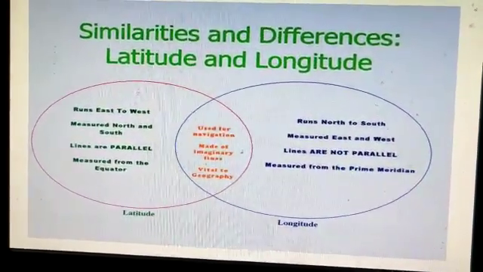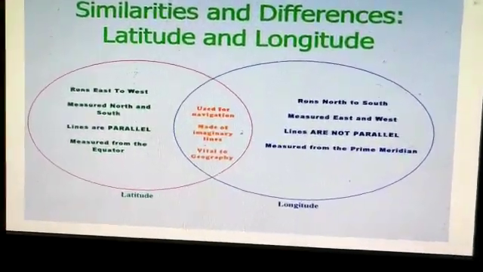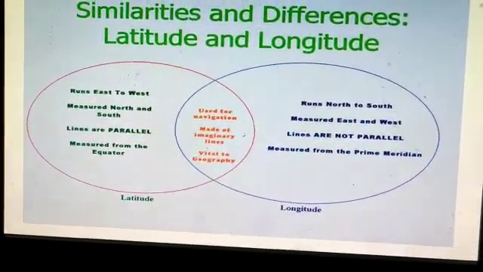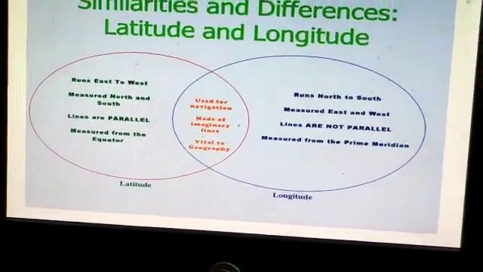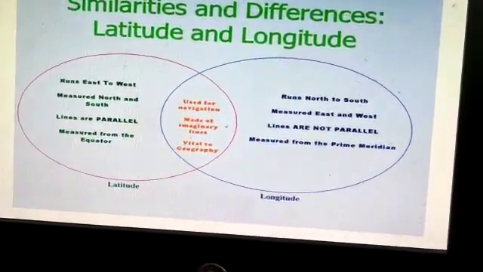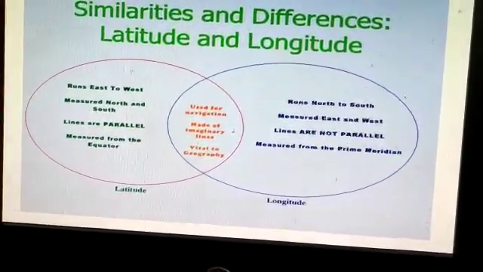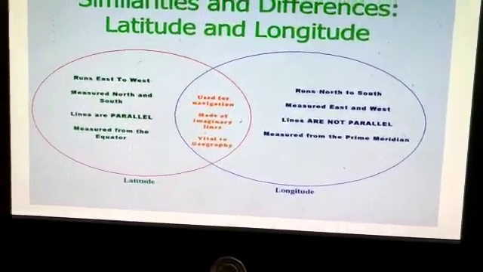And dissimilarities are: latitude runs east to west, measured north and south. Lines are parallels measured from equator. These are the points of latitudes.